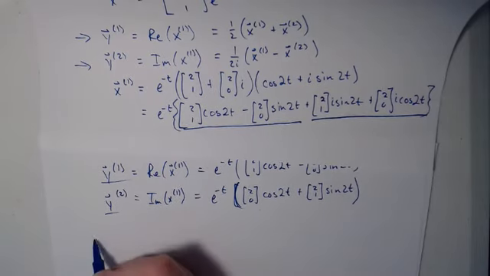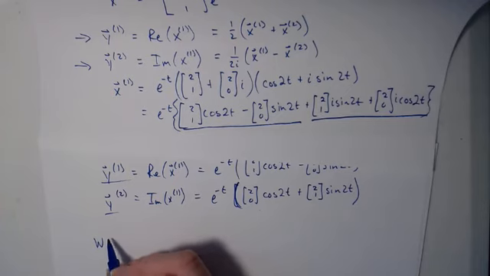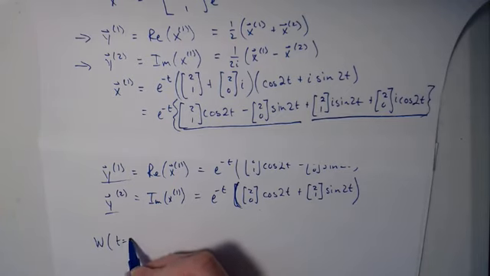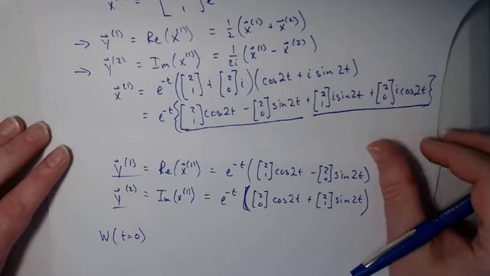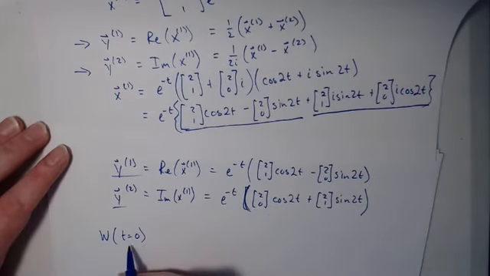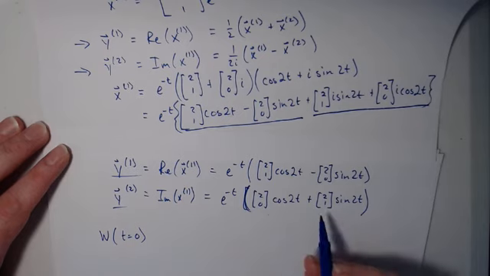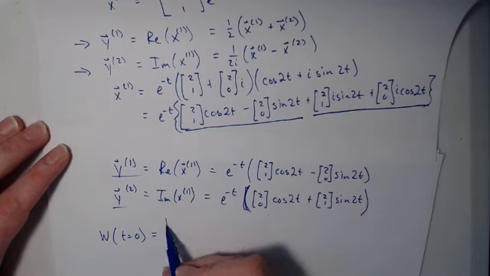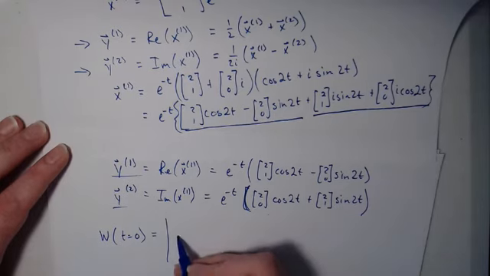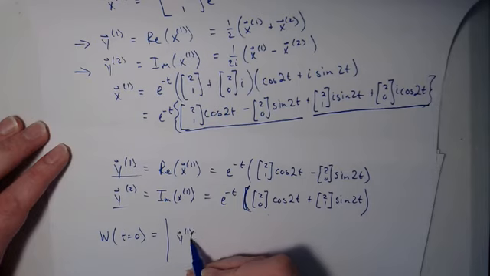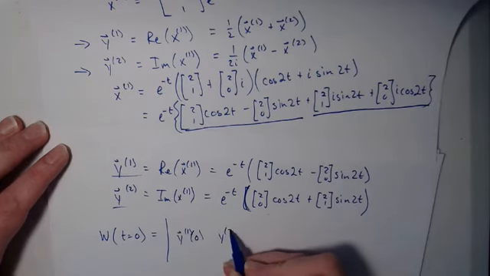Remember, we can take the Wronskian at t equals 0, because the Wronskian is either always 0 or never 0. We're going to take the determinant of y1 at 0 and then y2 at 0.